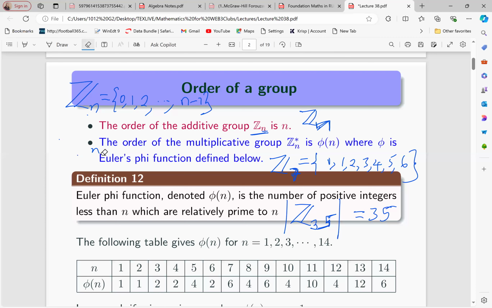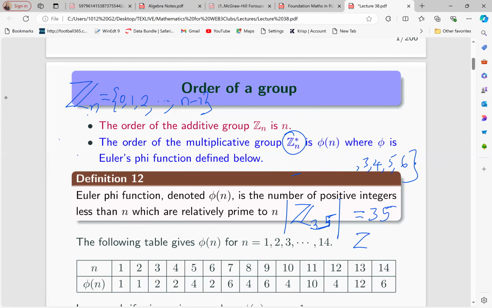And what about the multiplicative group? If it's the set of integers mod n and it's a multiplicative group, this is how we denote it: the set of integers mod n with a star.